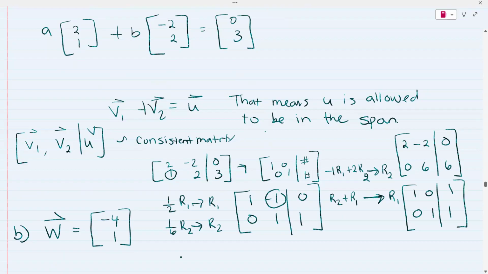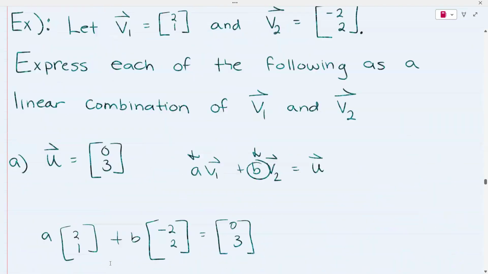Now we got it the way we wanted. This is like your A, and this is your B. So that means A equals 1, and B equals 1. So I think we found our answer.